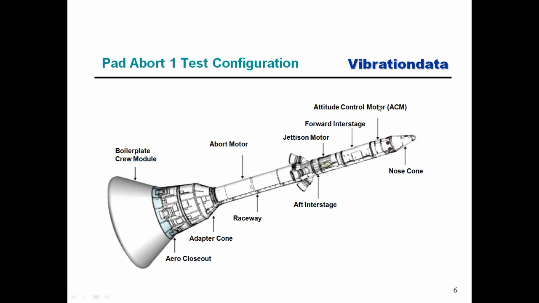There's the attitude control motor, and that puts out those 4 plumes that you saw in the previous photographs. And then after the launch abort motor completes its burn, then the jettison motor kicks in, and this whole launch abort system is separated from the spacecraft, and then the jettison motors push it away or carry it away for a safe separation at the proper altitude.